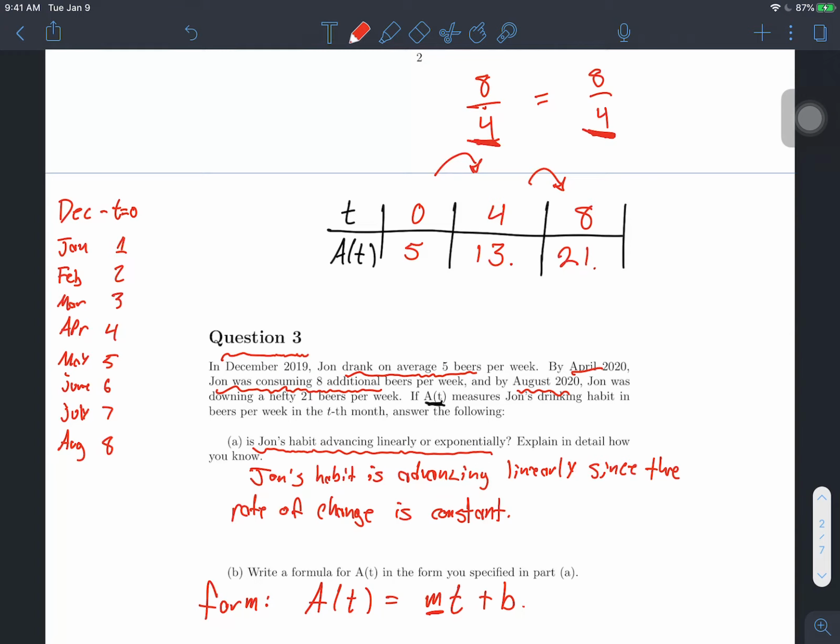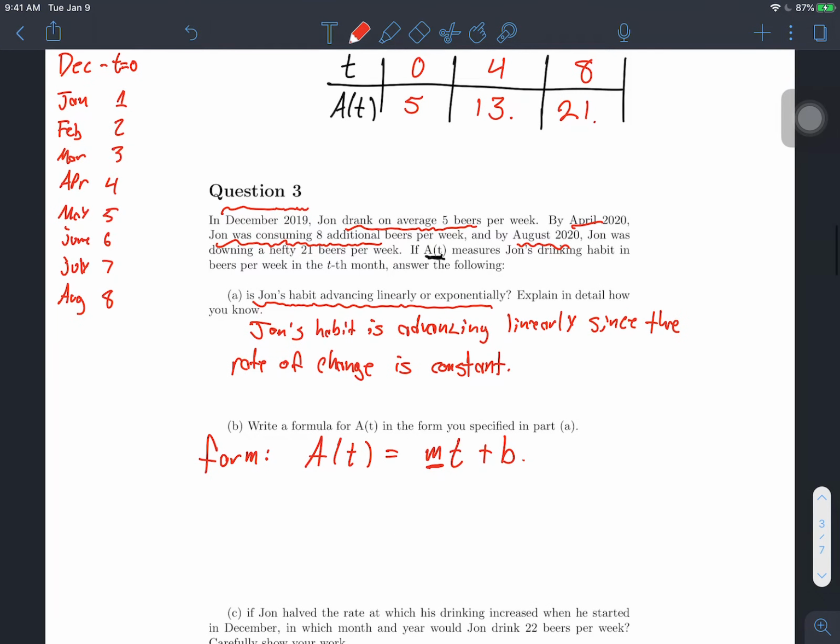It's going to exactly be these numbers here. This is my rise over my run. So I know that m should be 2. I got that information from the table. So I have a of t equals 2t plus b.